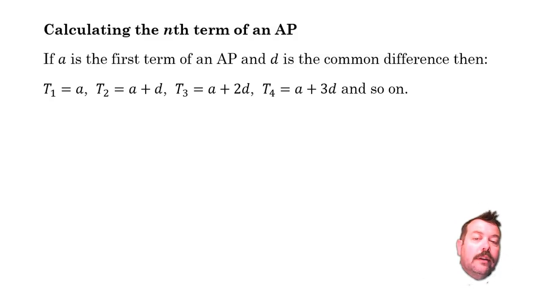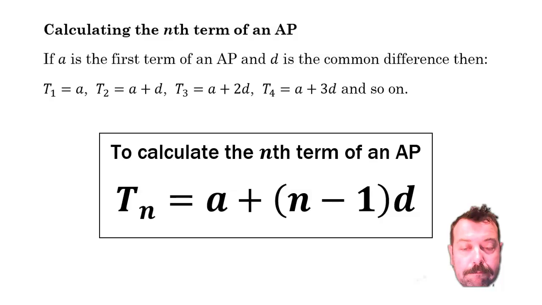Now, if I want to calculate the nth term of an AP, rather than just keep adding that number on every time, we have a formula that we can use. A is the first term and D is the common difference. The nth term is A, our first term, plus the number of steps that we have gone beyond the first one, so n minus 1, multiplied by the difference.